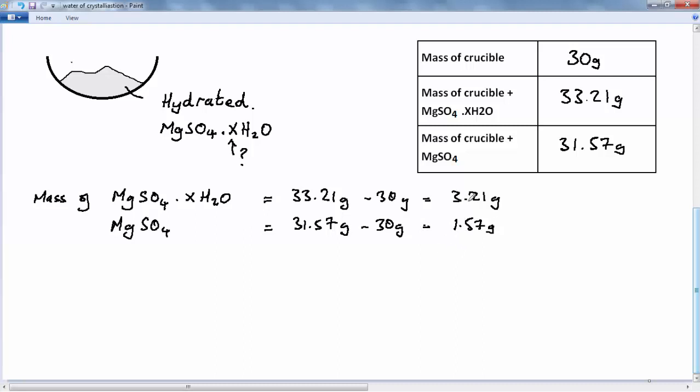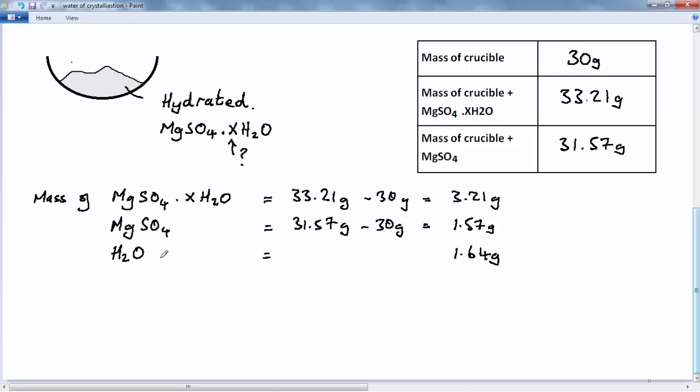And then if we subtract this number from this number, we get the mass of the water of crystallization present in the structure, which is equal to 1.64.